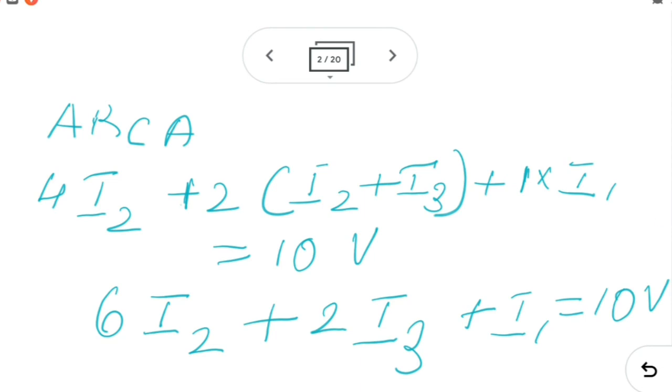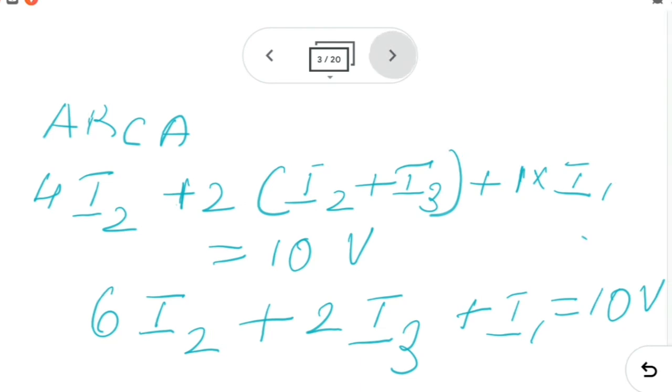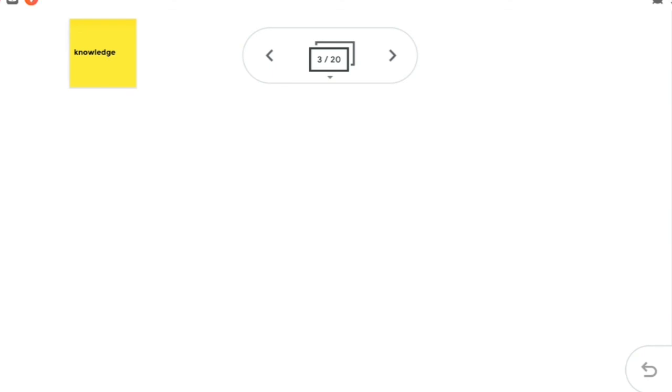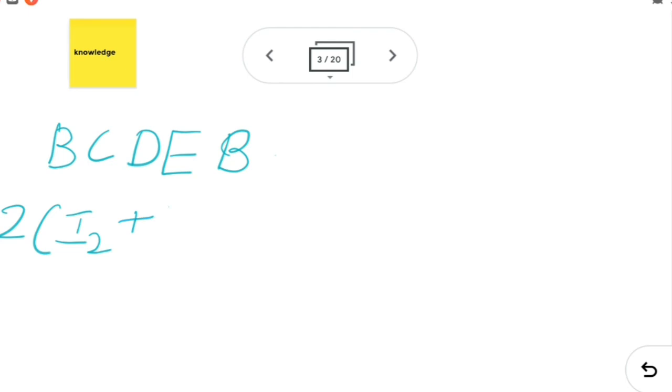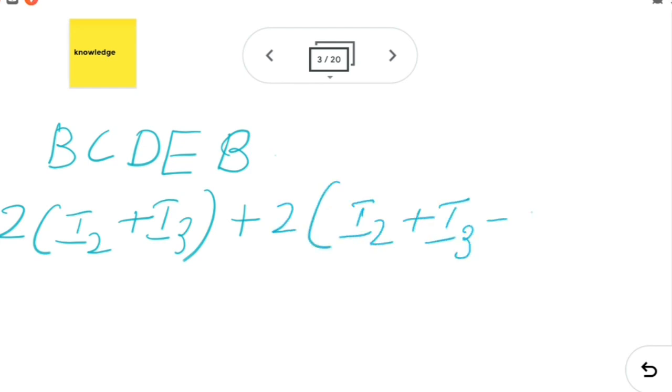Now we will take the loop BCDEB. For that loop, we have 2 into I2 plus I3, plus 2 into I2 plus I3 minus I1.